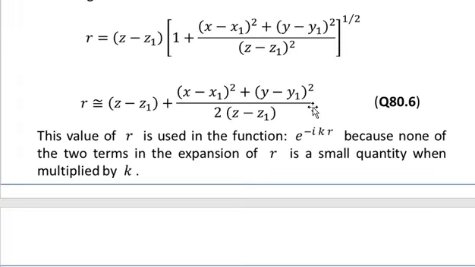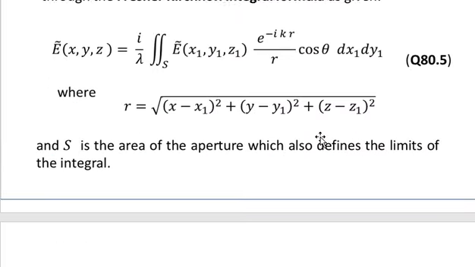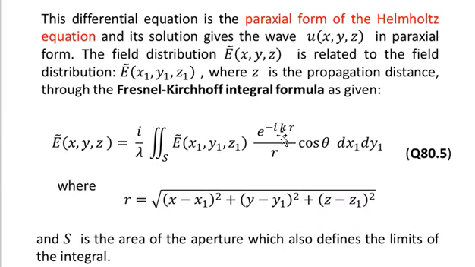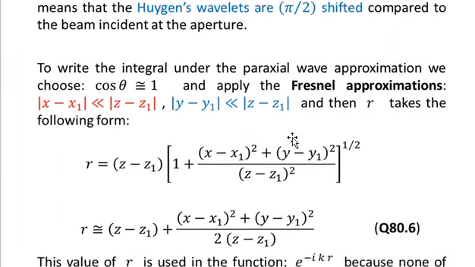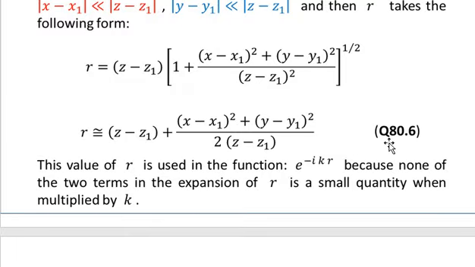The third term has been ignored, because you see that e to the power iota kr is the term that we are encountering in the integral. And we are also using R in the expanded form as given in equation number 6. And you see that we have ignored the third term and higher terms. It is because k is a very large number, and the higher terms will be much smaller.